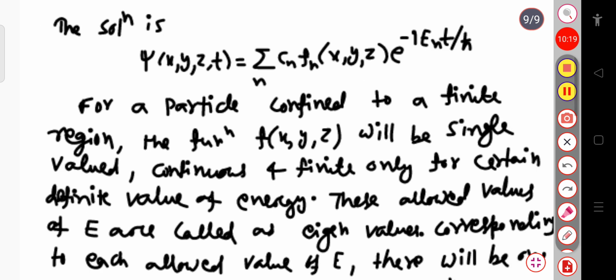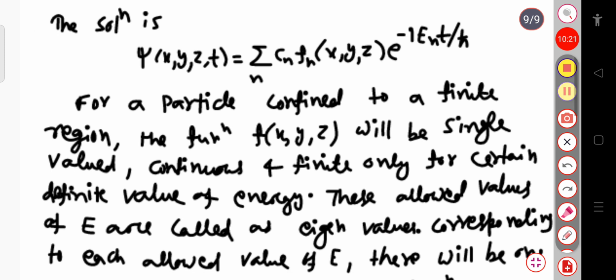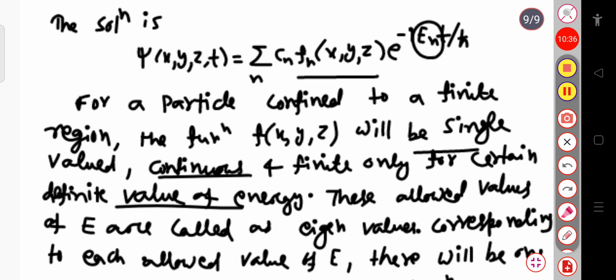When a particle is confined in a finite region, this f of x, y, z is single valued, continuous and finite for definite values of energy, that is E n having values like E1, E2, E3 and so on.